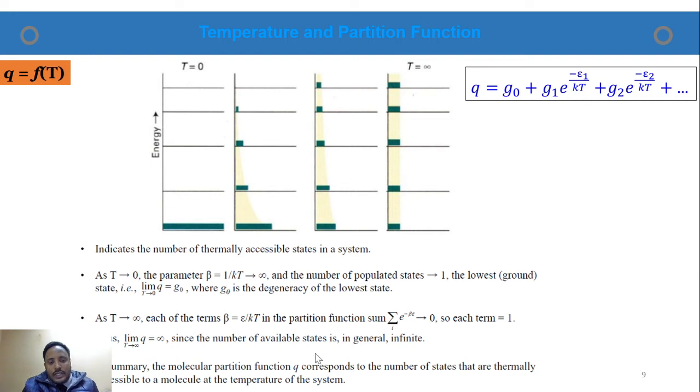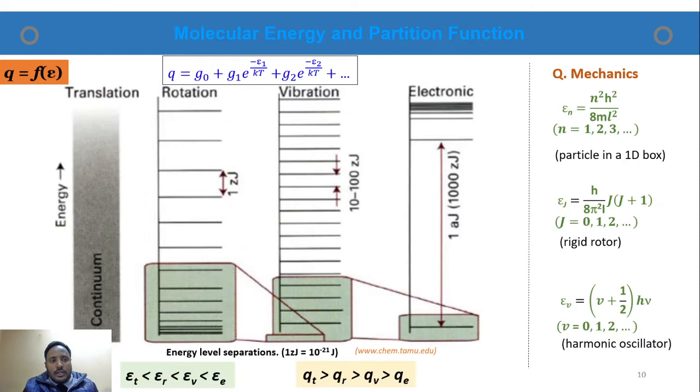Thus we can say that the partition function Q corresponds to the number of states that are thermally accessible to a molecule at the temperature of the system. Let us now look at the dependence of Q on the energy.